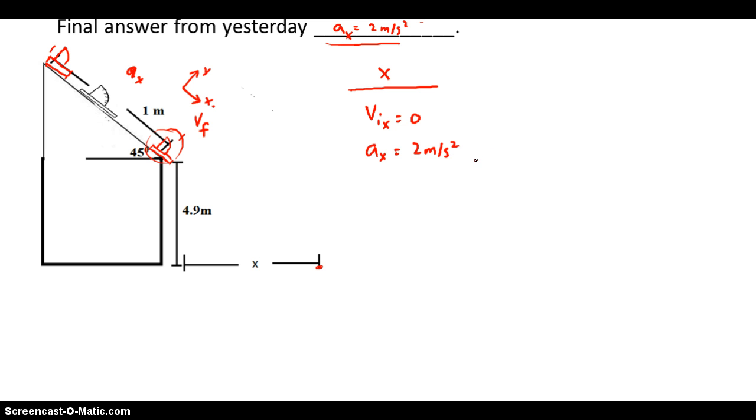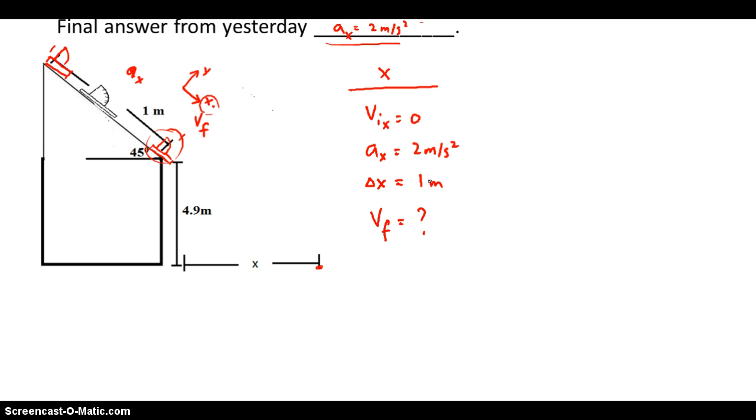What else do we know? Well, we know the length. We're defining this as our positive x direction, so x is in this direction. Our length in that direction is 1 meter. And the last thing we're trying to find is the final speed as it leaves the ramp.